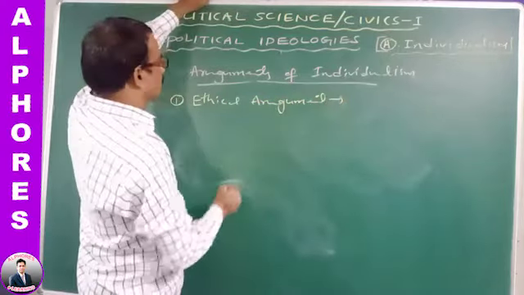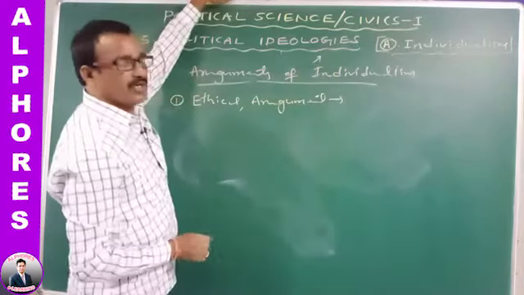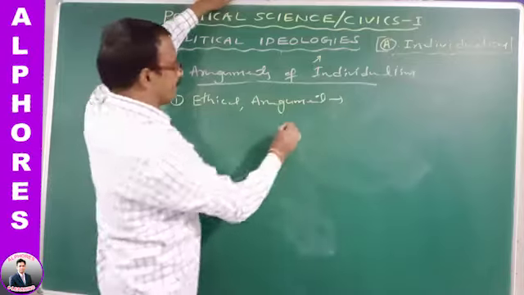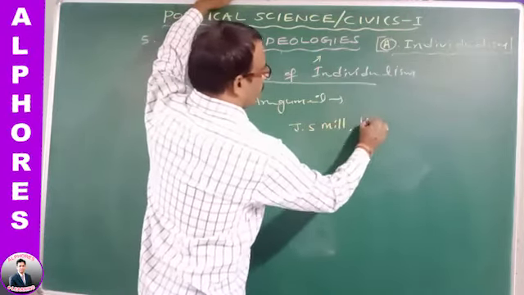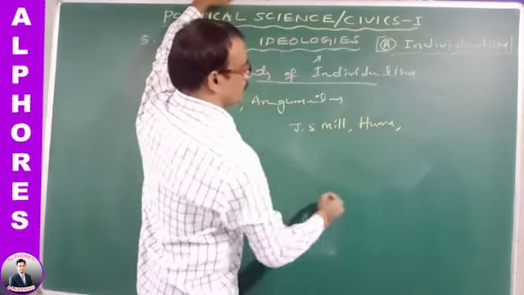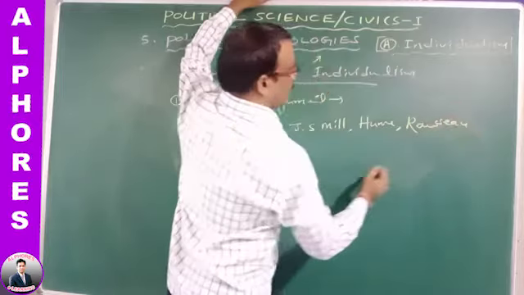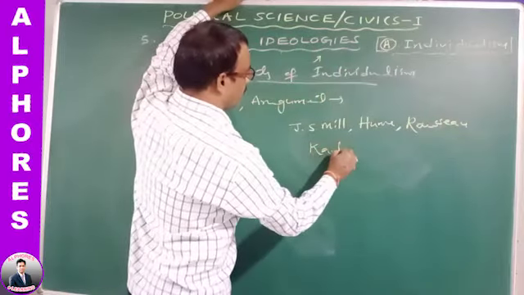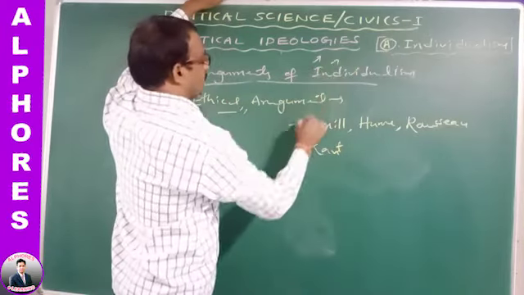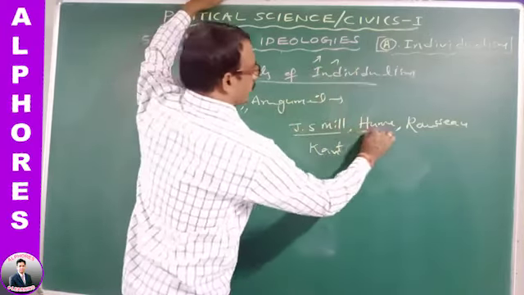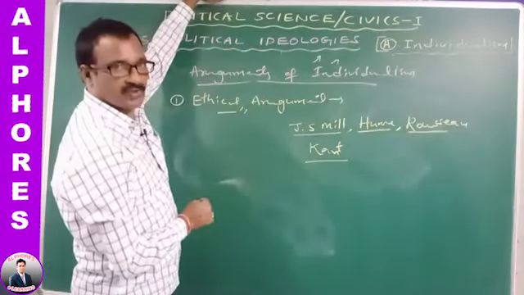Ethical argument. So ethically, individualism is supported by many political philosophers like J.S. Mill, Hume, Rousseau, Immanuel Kant. Clear?